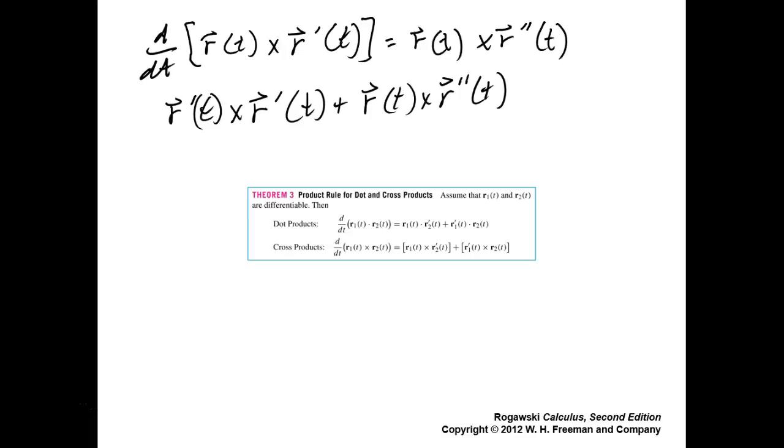So sure enough, this is 0 because of a property of cross products. That, by the way, is a 0 vector, as opposed to the number 0, because the result of a cross product is a vector. When you add the 0 vector to any other vector, you get the other vector.